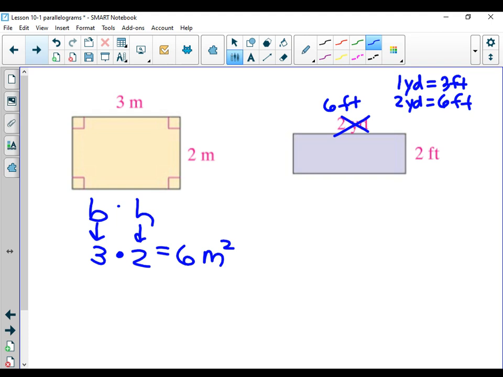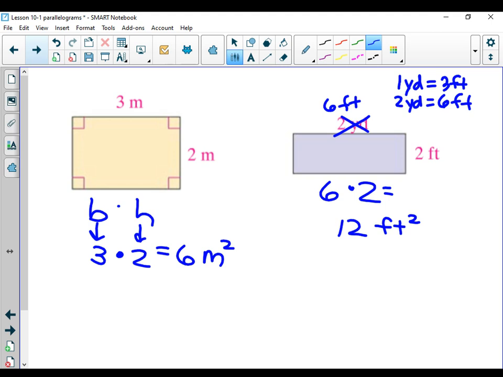Base hops out. 6 hops in. Height hops out. 2 hops in. 6 times 2 is 12 feet squared. And then could you convert it into yards? 4 yards squared.